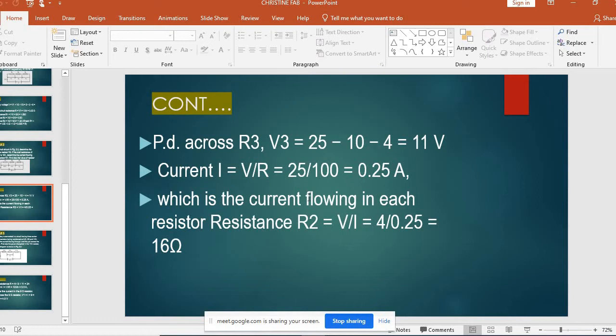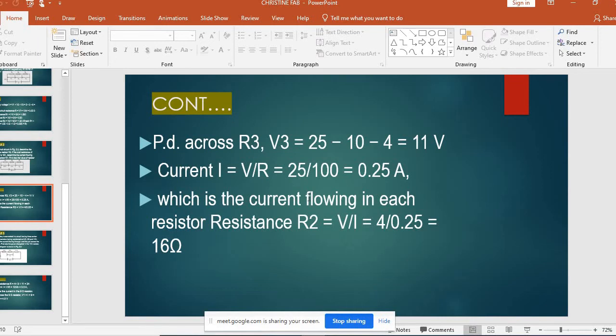And current is voltage divided by resistance, so it is 25 divided by 100 ohms, and we find that our current is 0.25 amperes, which is the current flowing in each resistor.